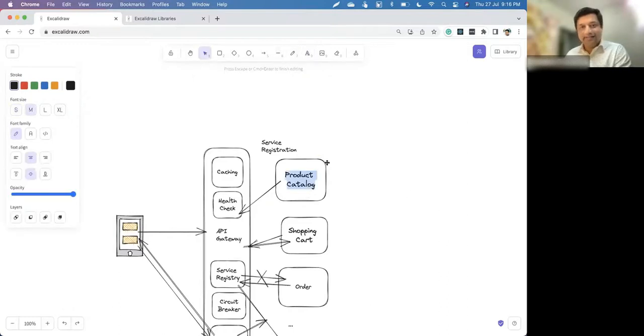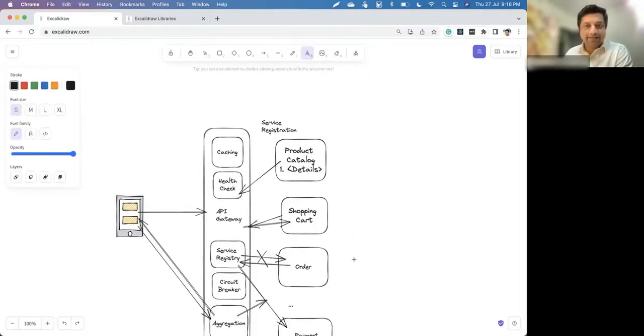So when you say, get me the product detail, the real work is happening in this service, which is product catalog, which will have probably some details of product.